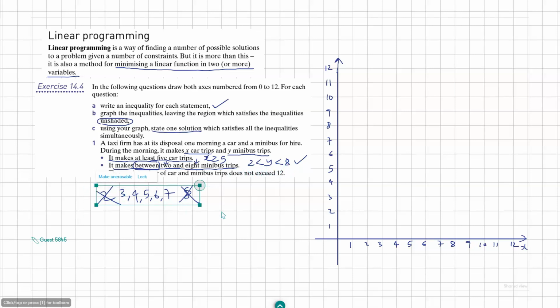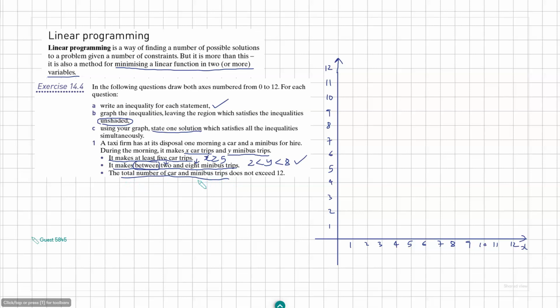Then the total number of car and minibus trips does not exceed 12. What is less than 12? The total number of car and minibus trips. How will you represent that symbolically?